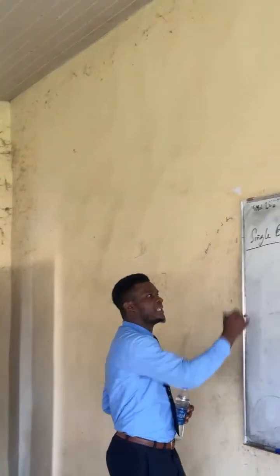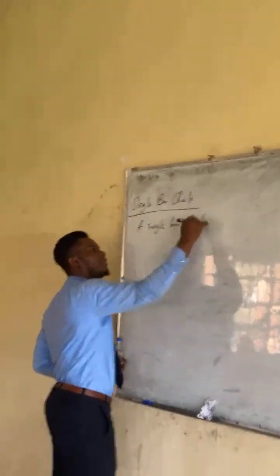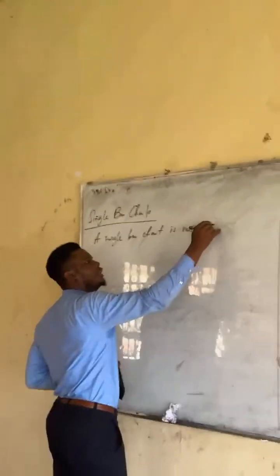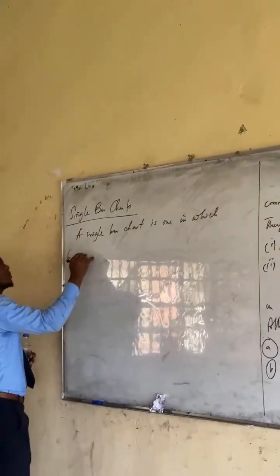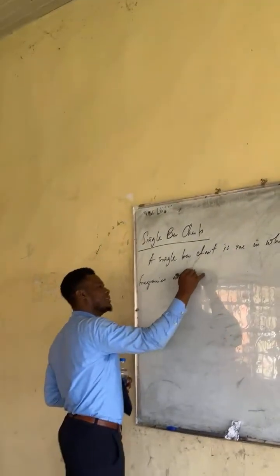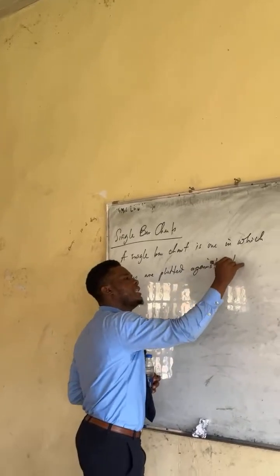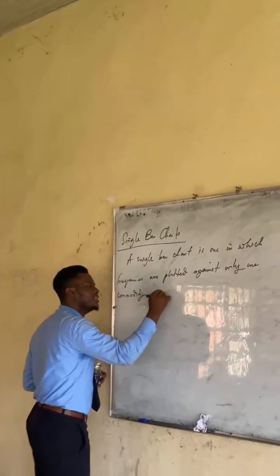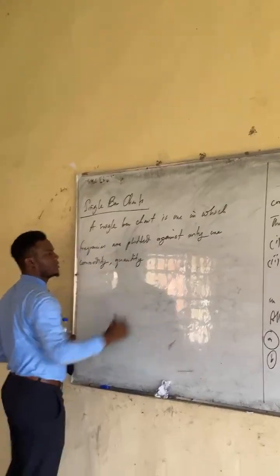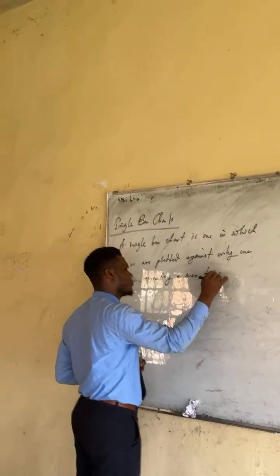So, please write, a single bar chart is one in which frequencies are plotted against only one commodity, quantity, or even times.